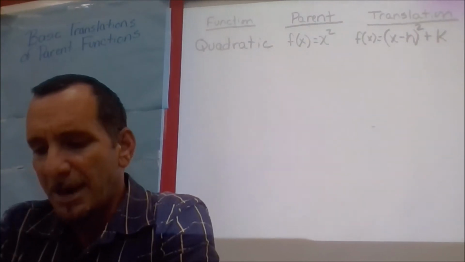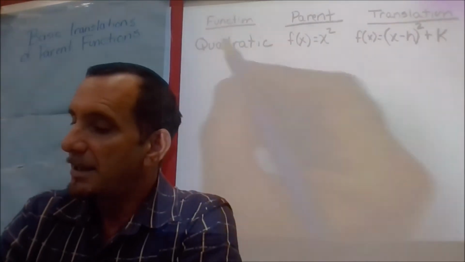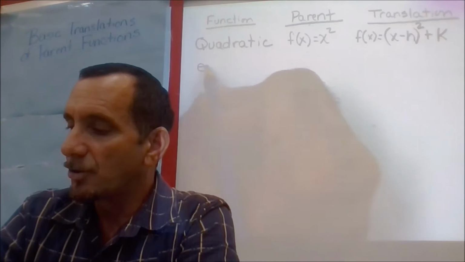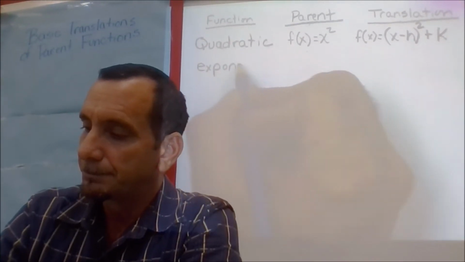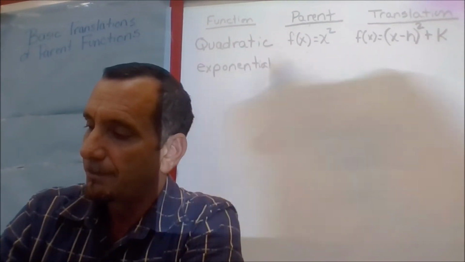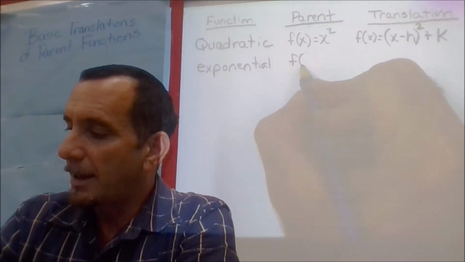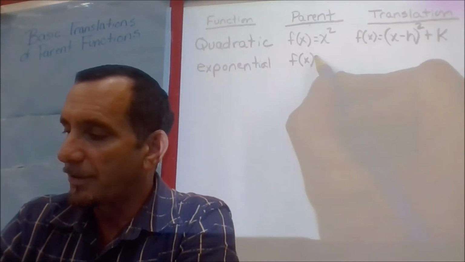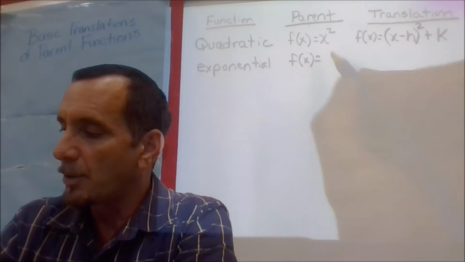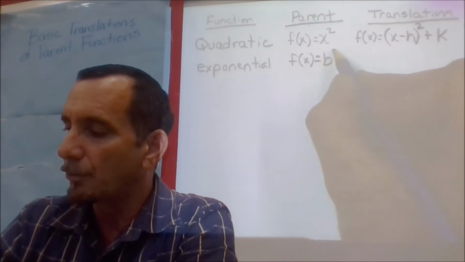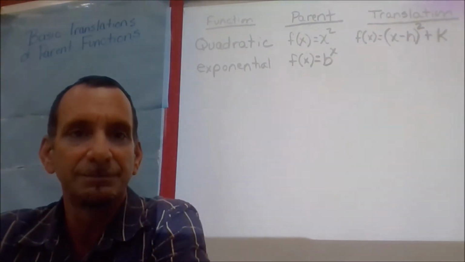So the next one that I'm going to look at is an exponential function. We've got a basic exponential function with a variable in the exponent, and that's some base raised to the x.